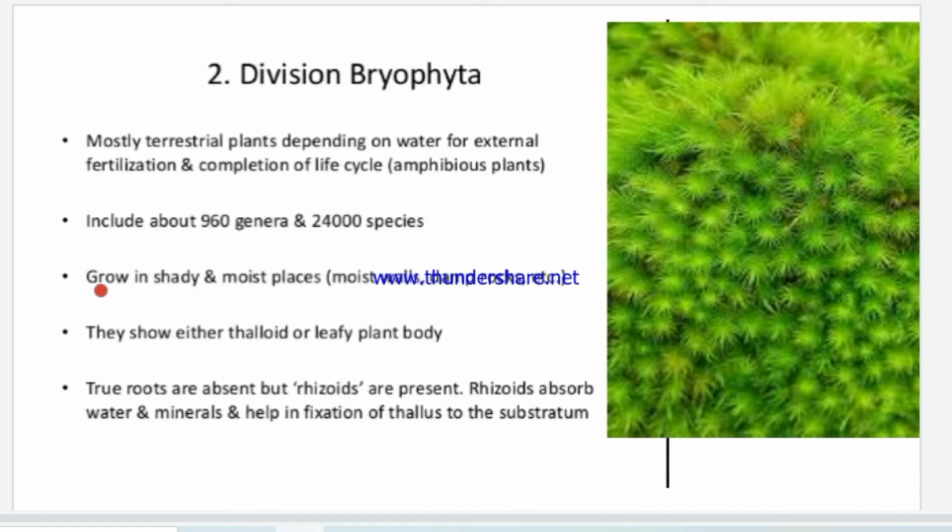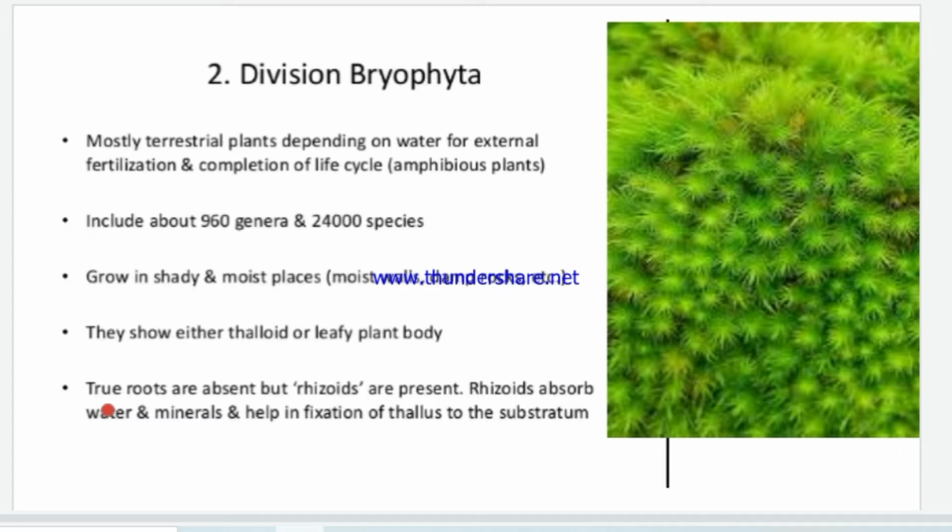Now, bryophytes always grow in shady and moist places like moist walls, damp rocks, old logs, etc. They either show a thalloid, meaning undifferentiated mass of cells like body, or a leafy plant body.